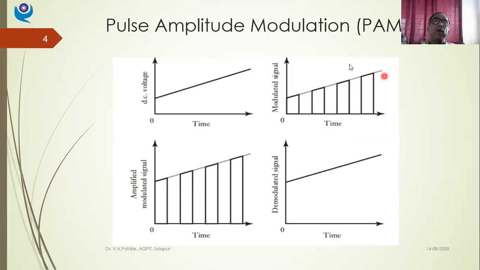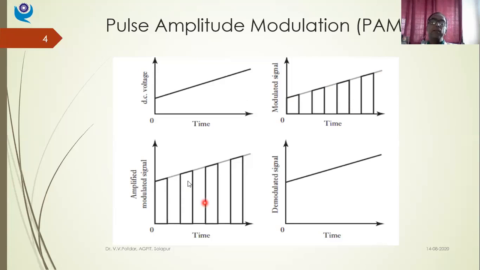Be attentive. Original signal is continuous DC voltage analog signal. First it is modulated, that means it is chopped into number of pulses. And these pulses correspond to, it follows the analog signal. Okay. मी काय pulses माझ्या मनाने नाही करत. बरोबर, it should be corresponding to my analog signal. And this chopped or pulsed modulated signal is amplified.